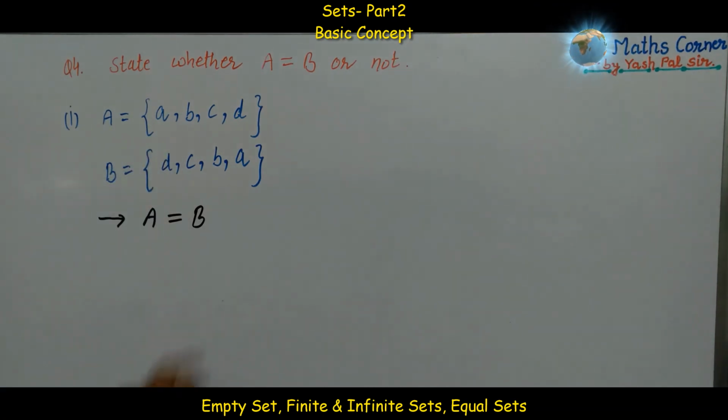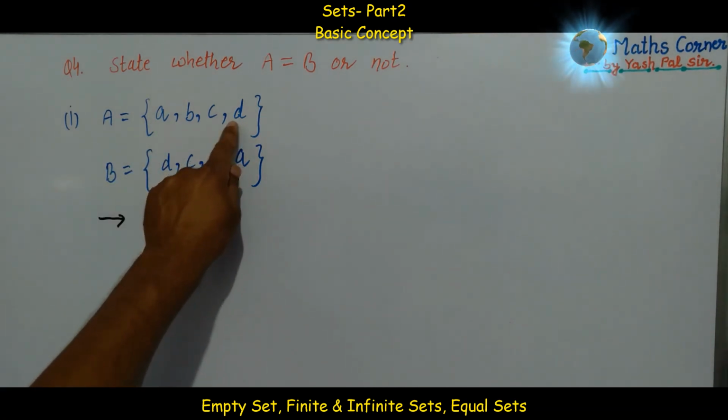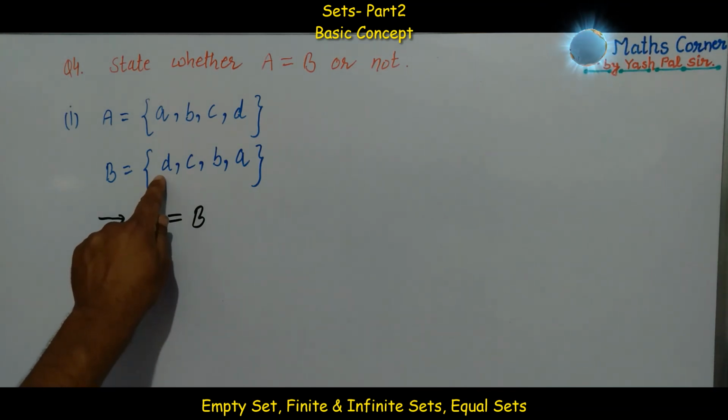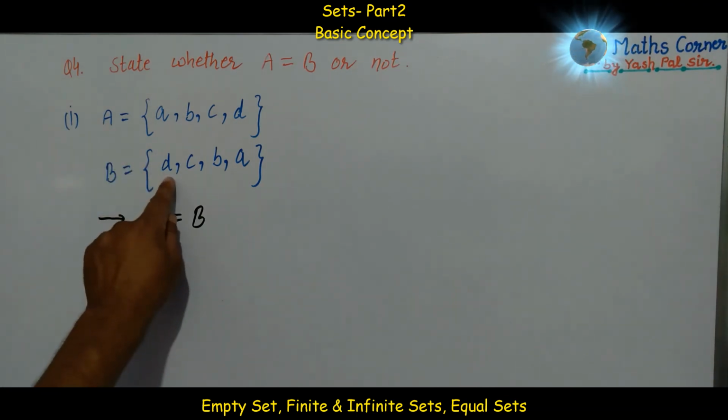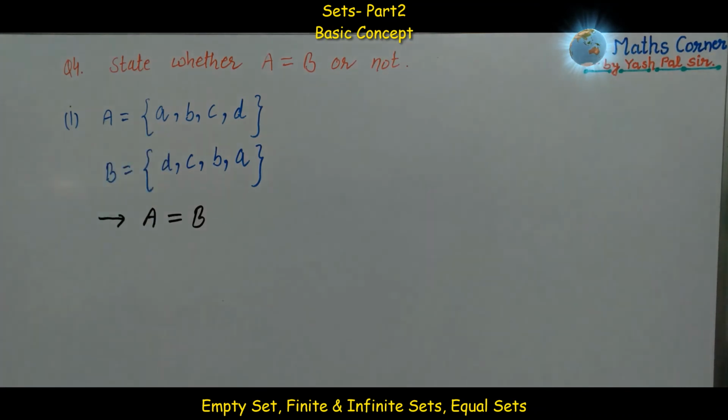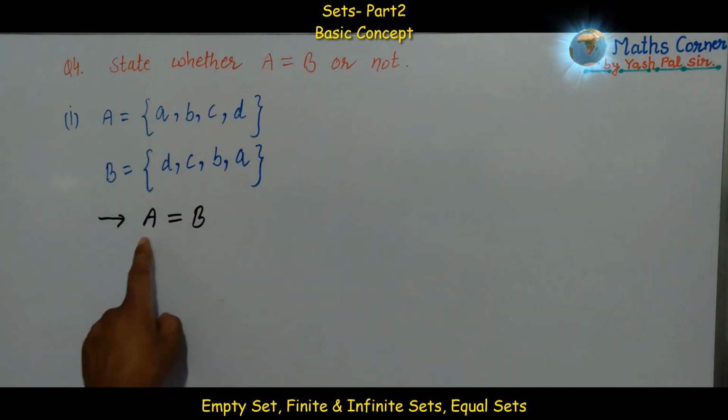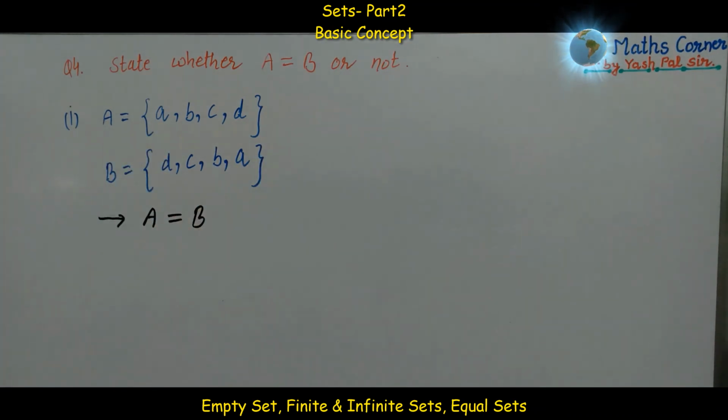Here d is written at the last, there d is written in the beginning. Each element of set A is also an element of set B, and each element of set B is also an element of A. This concludes that set A is equal to set B.